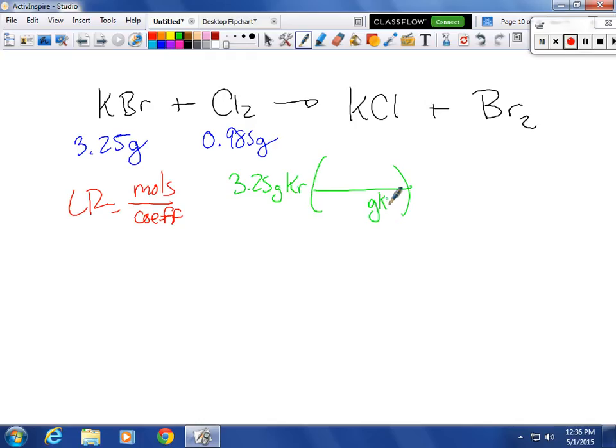So grams of KBr to moles of KBr. Wow, I left the r out. And then on the bottom one, I have 0.985 moles, excuse me, that's not moles, it's grams of Cl2, and I've got to go from grams of Cl2 to moles of Cl2.